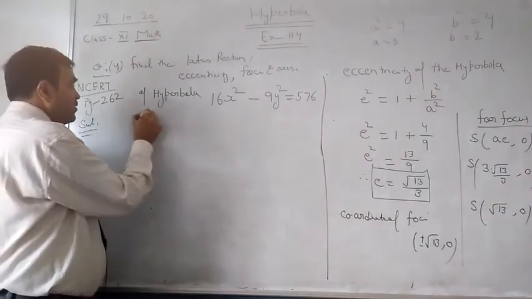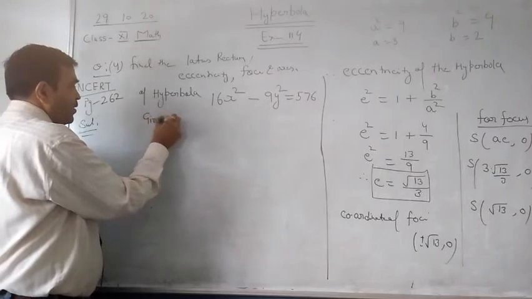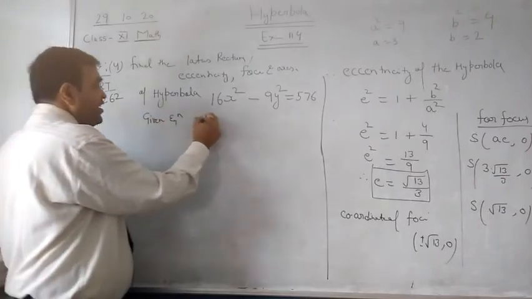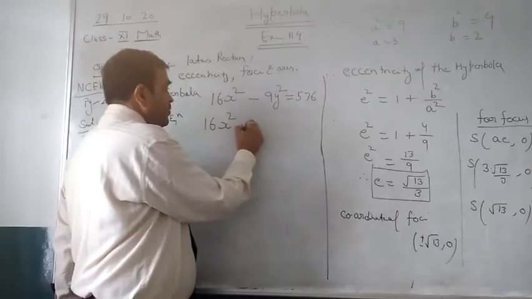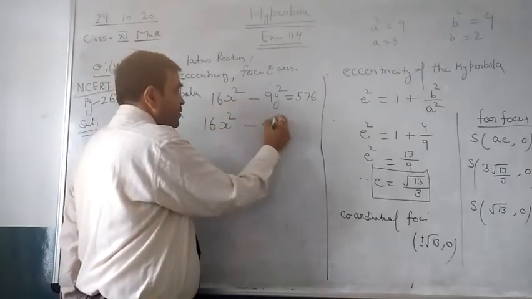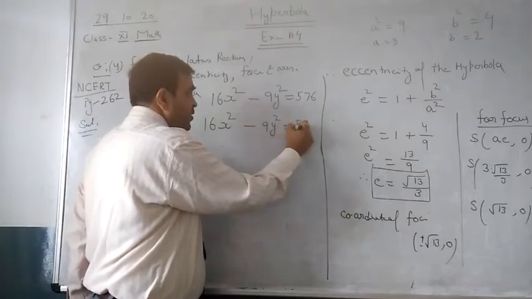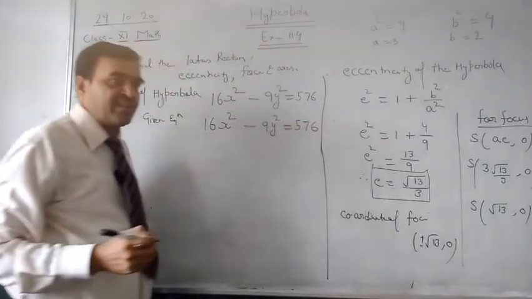Given equation 16x square minus 9y square is equal to 576.